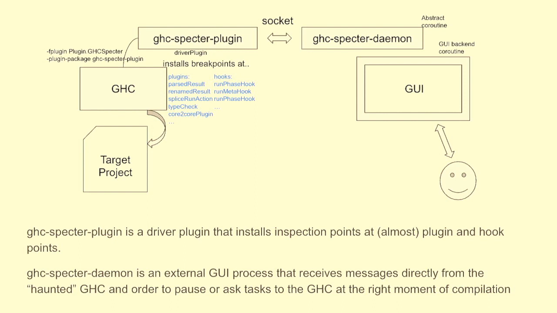But currently, the existing backend is just a native app GUI. Okay. So then the user can interact with this GUI and ask queries, or by default the ghc-specter plugin also sends some information to this daemon, and then you just get the result.